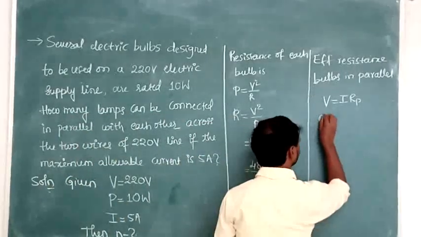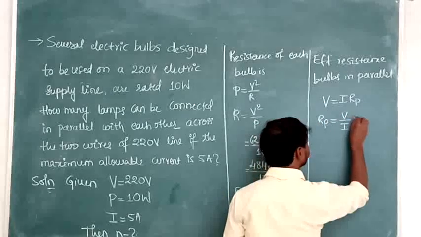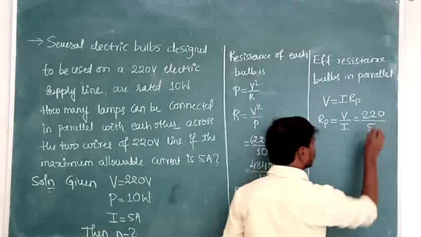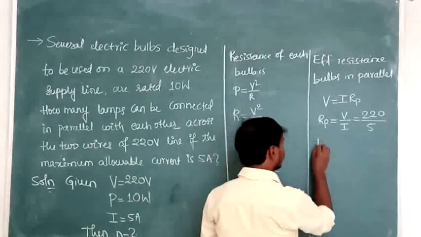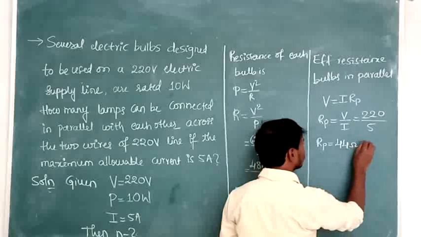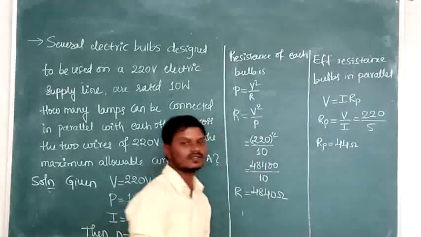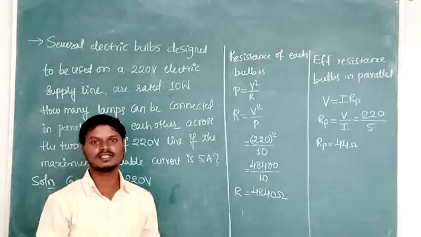Then RP is equal to V by I. V is how much? That is 220. Then what is the current flowing here in the parallel combination? That is 5 ampere. Then what is the answer? RP is equal to 44 ohm, because 5 fours are 20, 5 fours are 20, that is 44 ohm. So it is the effective resistance of the electric bulbs connected in parallel.